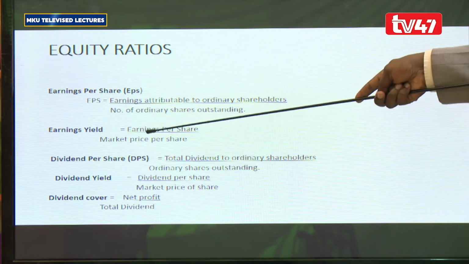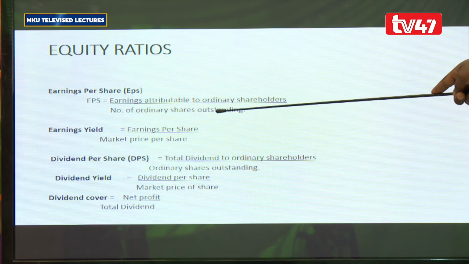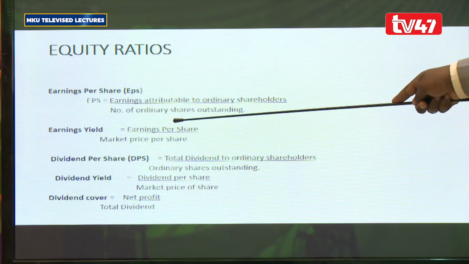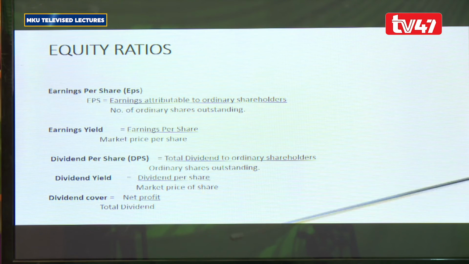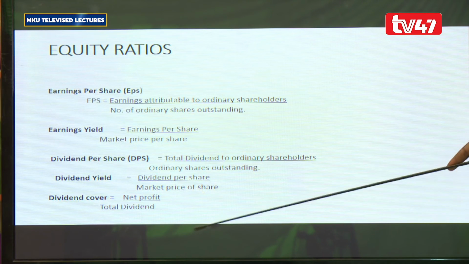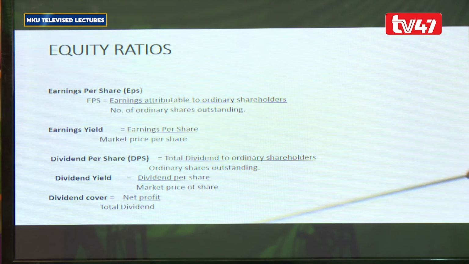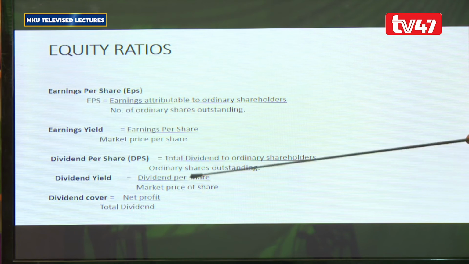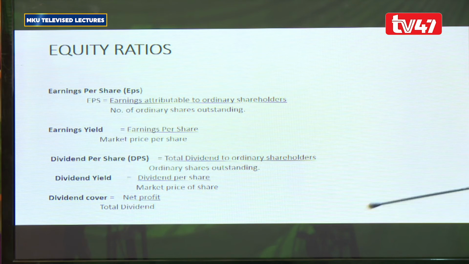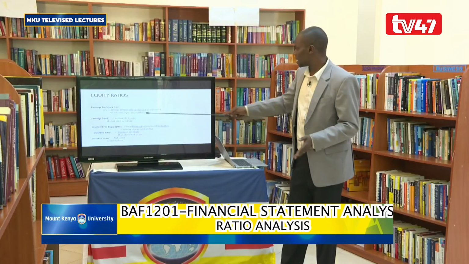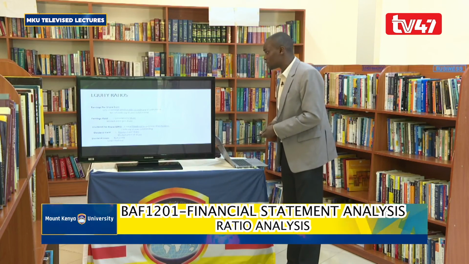Then you have the earning yield, whereby you want to compare what is happening in the market with what the company is earning. So you compare the earnings with the price in the market, and the price in the market is what is happening in the stock exchange. So you compare what the company is giving the shareholder with what the market is giving you.